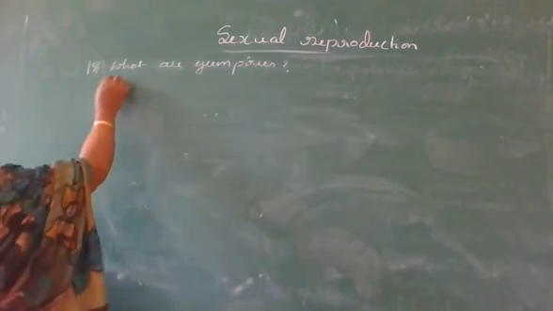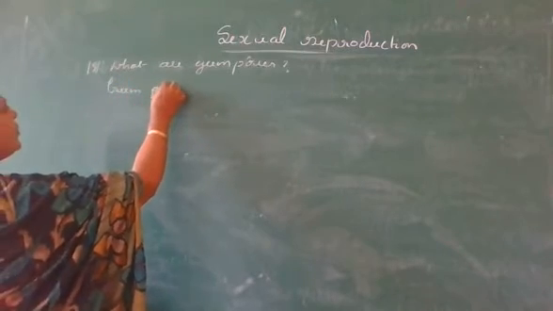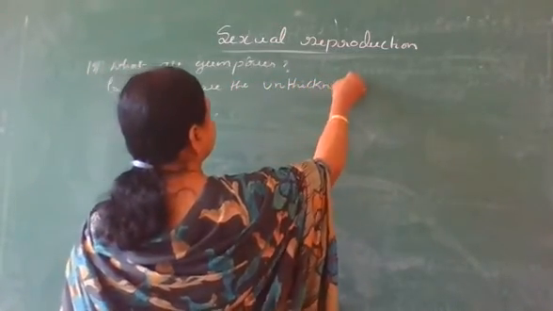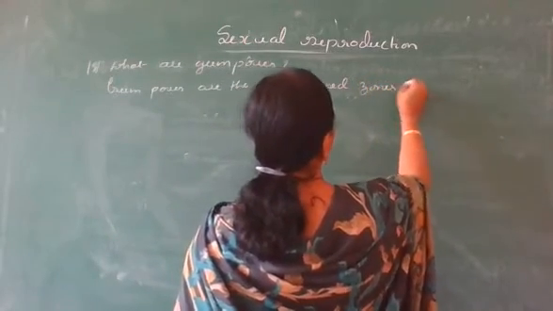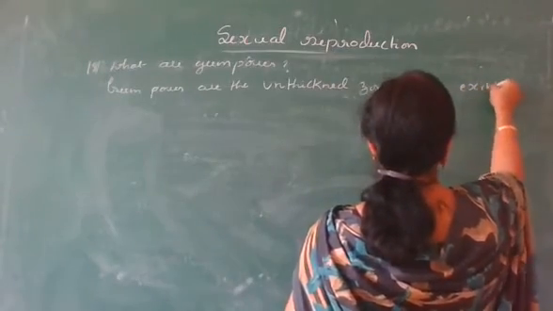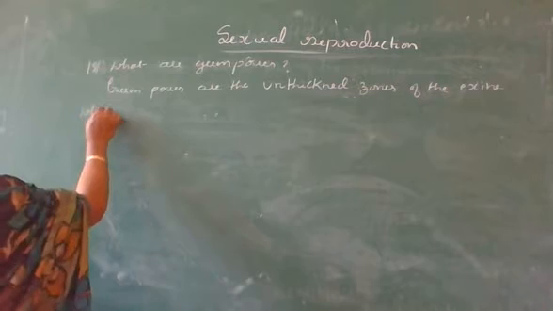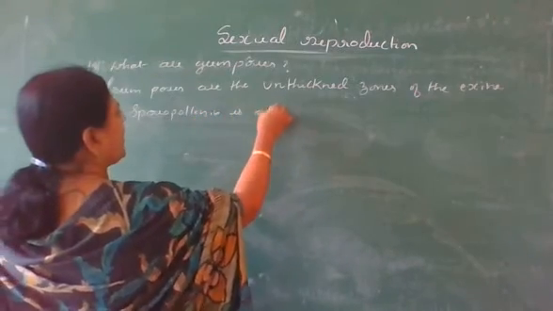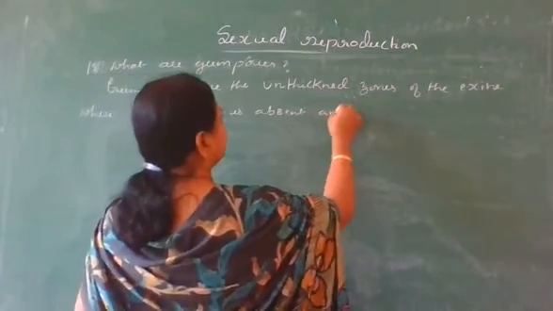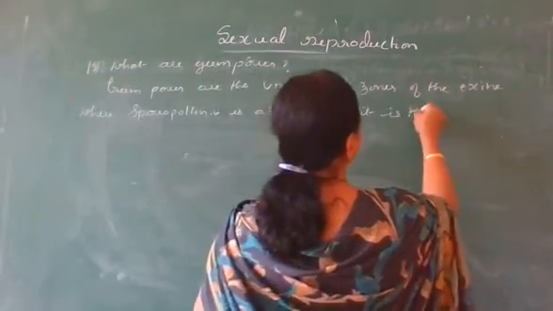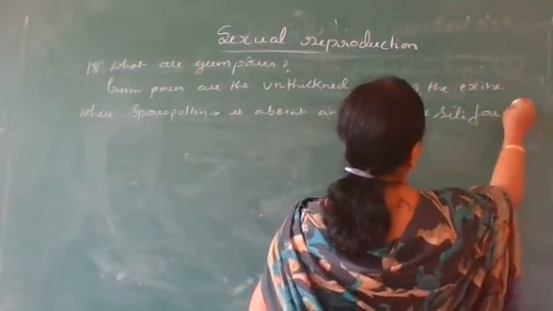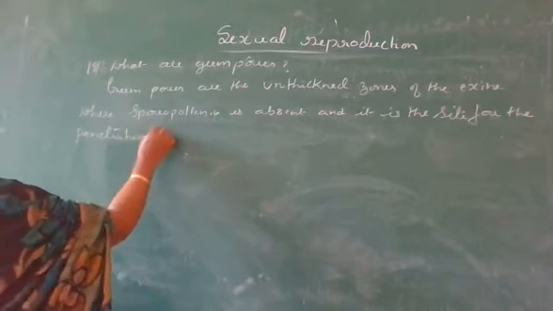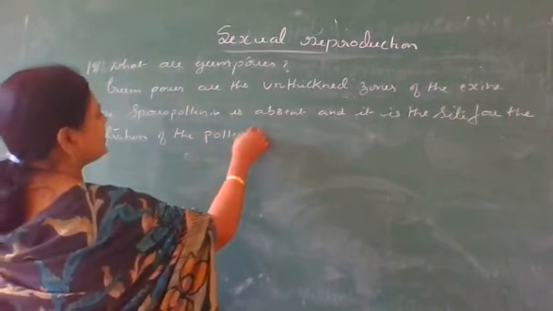Germ pores are the unthickened zones of the exine where sporopollenin is absent, and they are the site for penetration of the pollen tube.